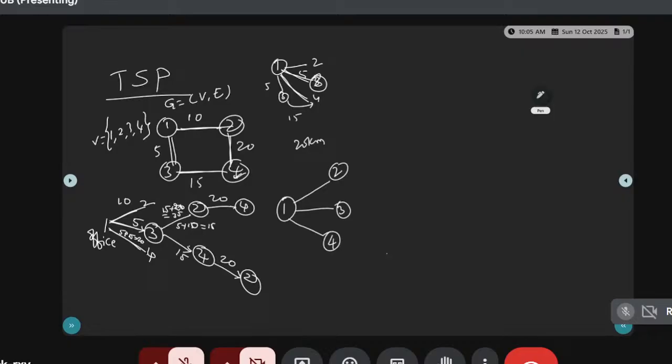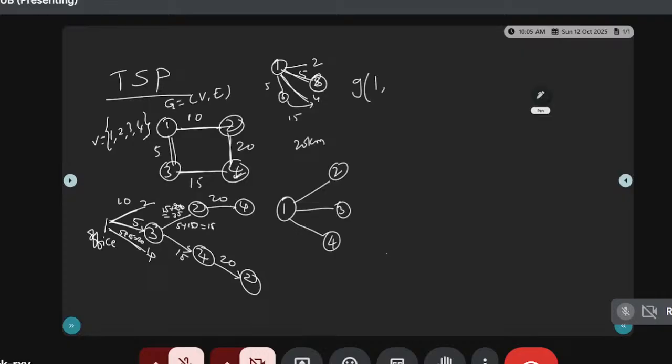So I can say G of 1, the next after 1, what is your option? Not yet decided, but I can go from 1 to 2, 3 or 4. Apart from 1, I have already visited 1, so the options are 2, 3, 4.